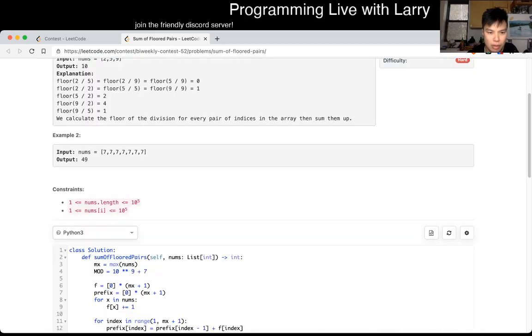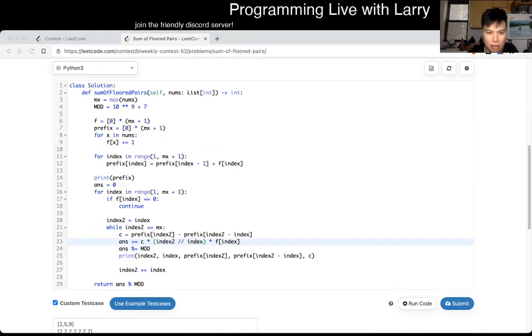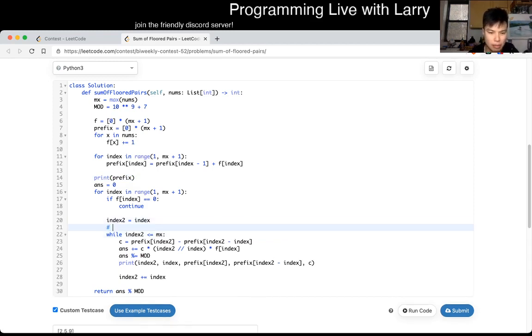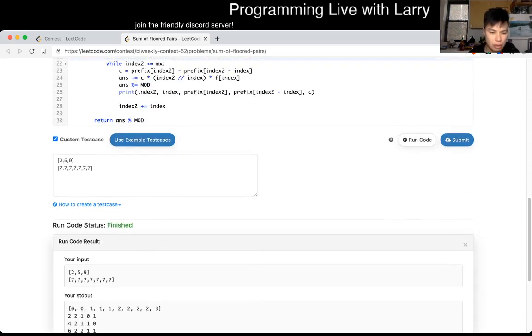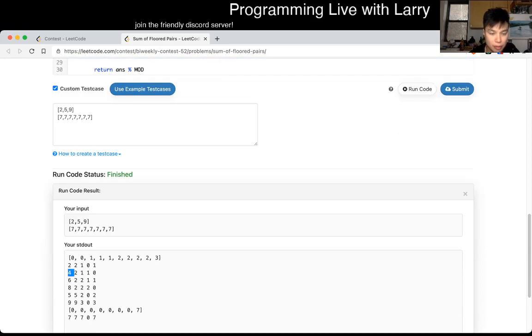Still wrong though. Just jump to 0, that's fine. Why is this so off though?